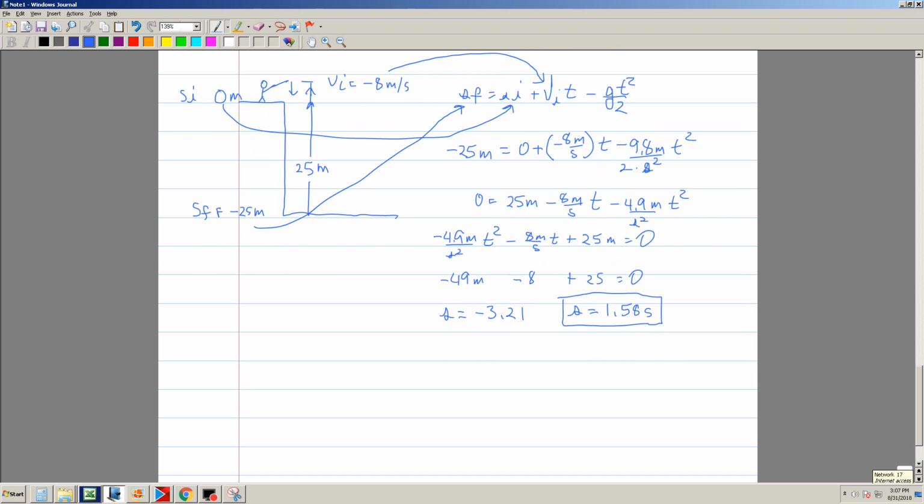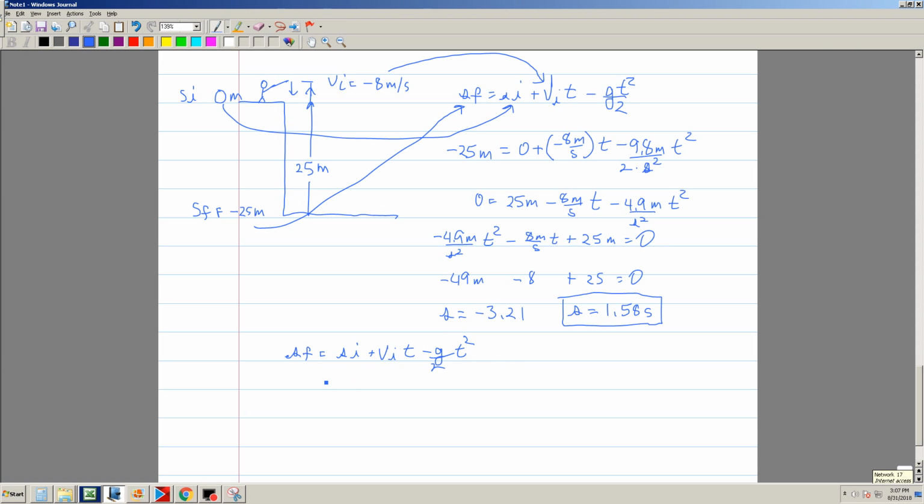So now you want the velocity. Okay, and again we start with the equation, s final equals s initial plus initial velocity t minus g t squared over 2.